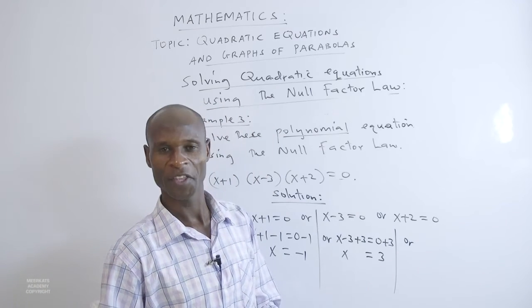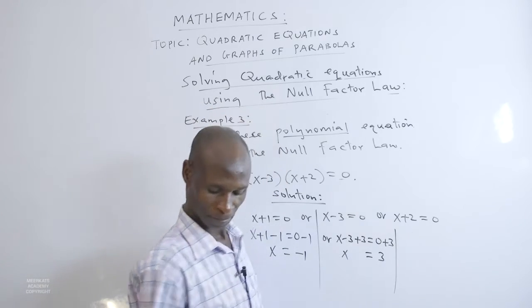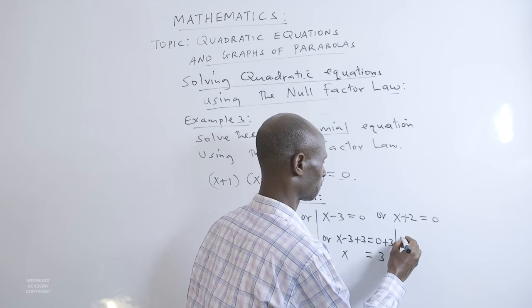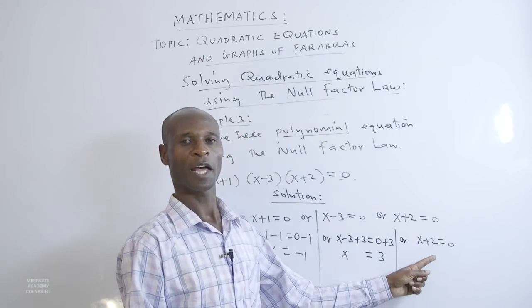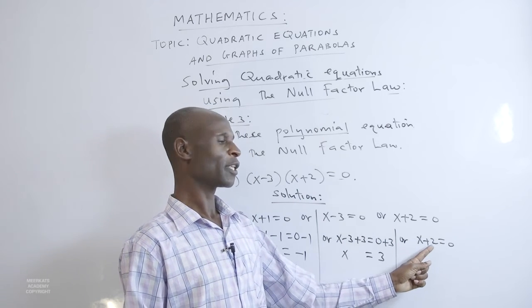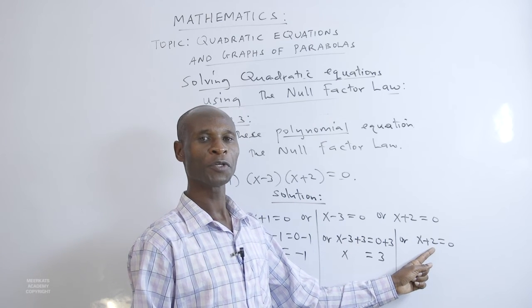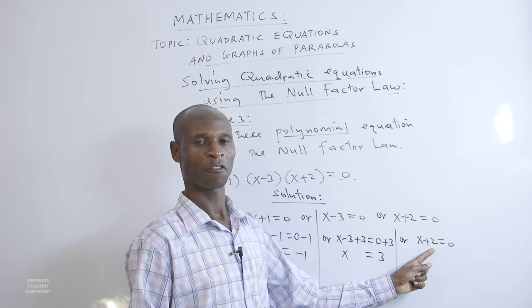Or if we pick the third linear factor, x plus 2 is equal to 0. Because the constant term is positive 2, we subtract 2 from both sides.